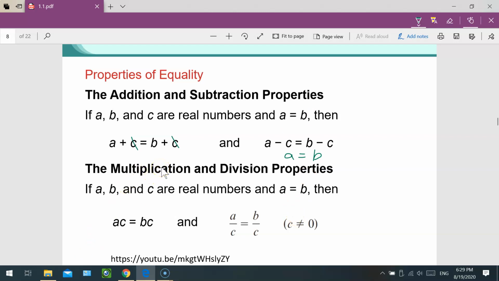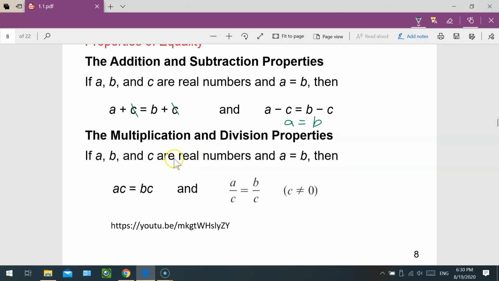When you have the multiplication and the division property, if A, B, and C are real numbers, and A equals B, then A times C will equal B times C, right? Same thing here. I can divide by C, then we'll go back to A equals B. When I divide by C on both sides, it's true that they are equal.